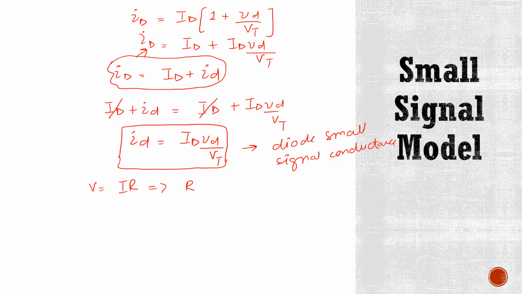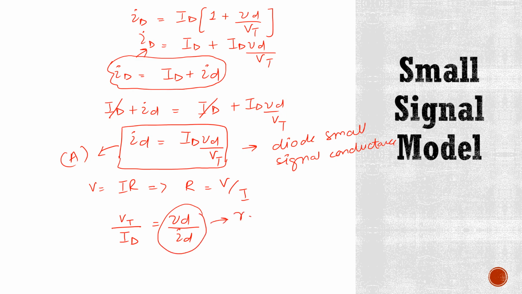Therefore, R will be equal to V upon I. So if we rearrange this equation, like Vt divided by ID is equal to vd divided by id. Now here this term is equal to rd. So it can be written as rd is equal to Vt upon ID.